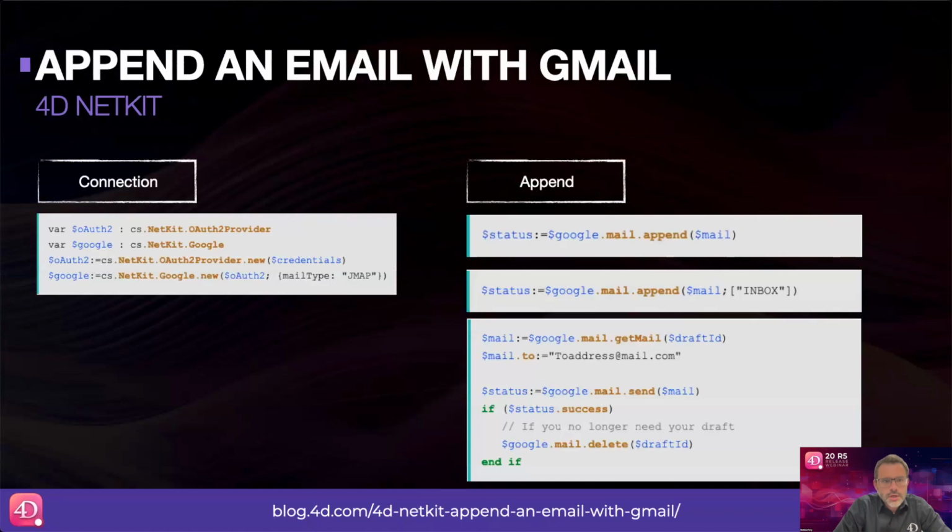Let's go. 4D20R5 brings a new feature, once again, that allows you to create draft emails and save them directly to designated labels in your mailbox without sending them. I'm talking about Gmail, of course.